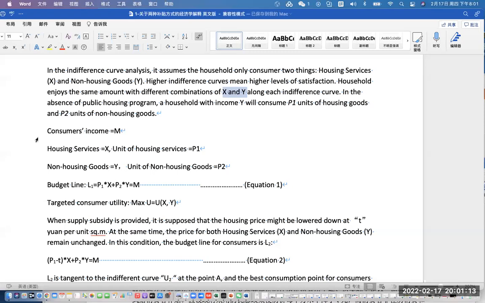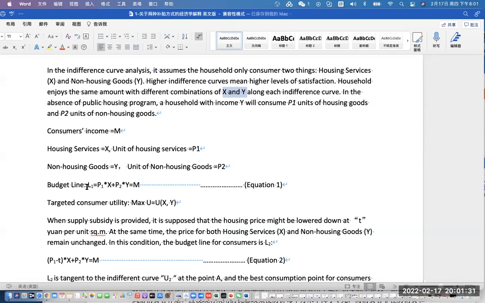So suppose the consumer's income is M, the total income, okay. The housing service quantity is X, and the unit price of housing services is P1. Non-housing goods is Y, and the unit price of non-housing goods is P2.